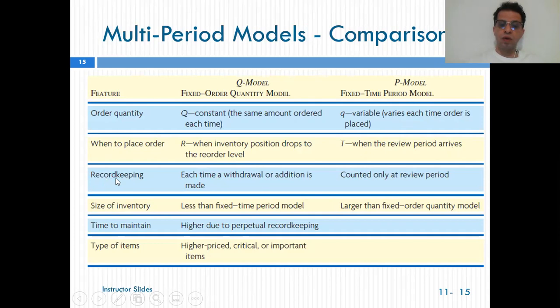In record keeping, each time a withdrawal or addition is made, it's counted. In the P model, it's counted only at the review, every month or every 3 months. The size of inventory is smaller in the Q model than in the fixed time period model, which is larger. Time to maintain is higher in the Q model due to always keeping the record, and the type of items is usually higher-priced, critical or important items.